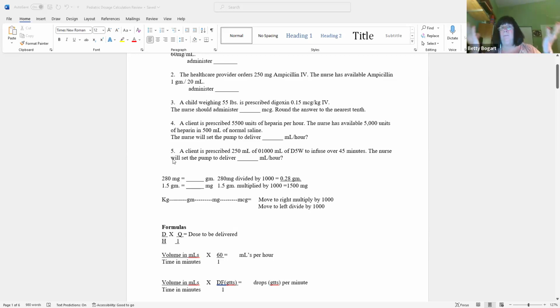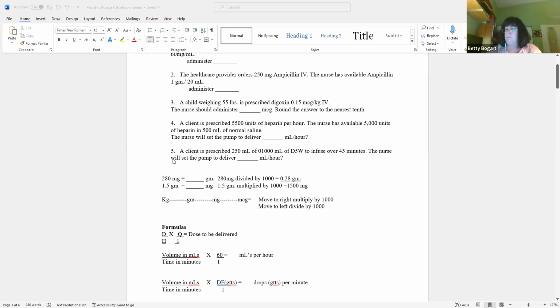And they sent you a bag of 500 mLs, and inside that is 5,000 units. It's like having 250 milligrams in 5 mLs, but this is a bigger bag. This is more volume to be delivered.